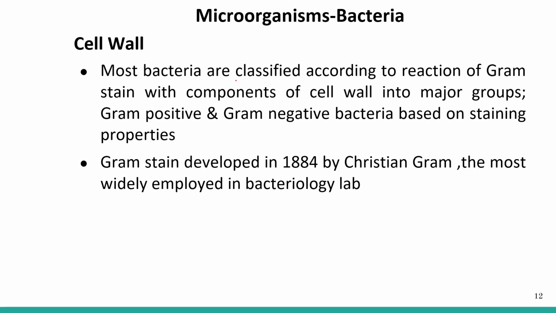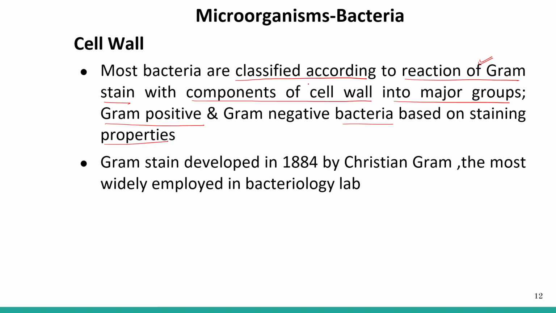Most bacteria are classified according to the reaction of Gram stain. We have already discussed the Gram stain. That was the name of the scientist who discovered this particular stain, right? When the Gram stain is applied to bacteria, the components of the cell wall divide them into two major groups, gram positive and gram negative bacteria, based on staining property.